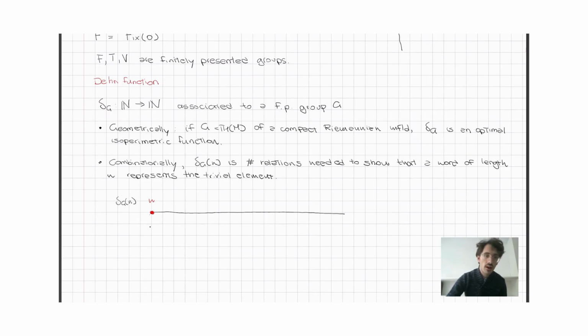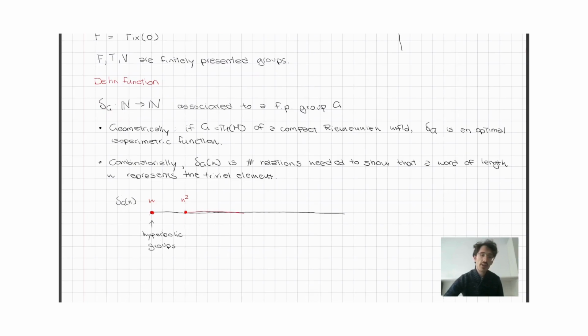Here are hyperbolic groups: hyperbolic groups can be characterized as exactly the ones that have linear Dehn function. Then somehow we see a gap between linear Dehn function and quadratic Dehn function.